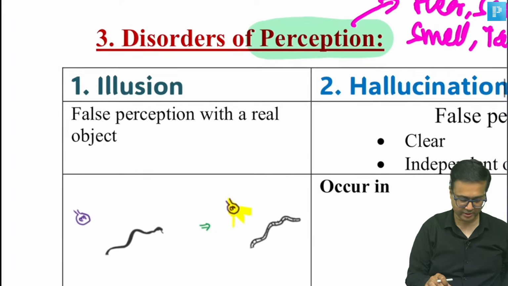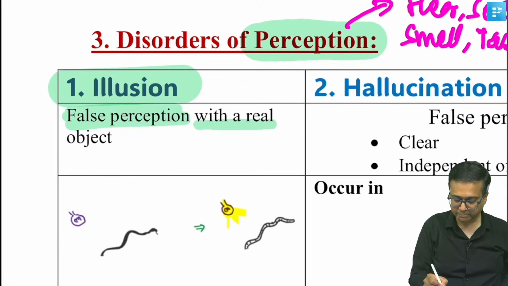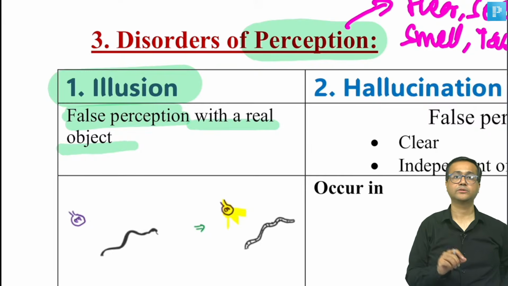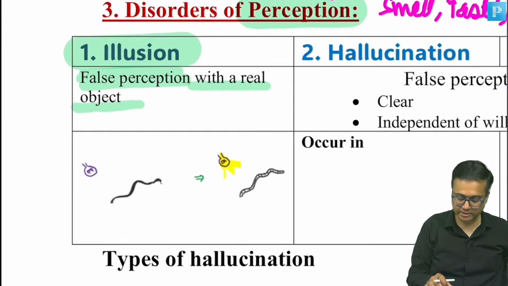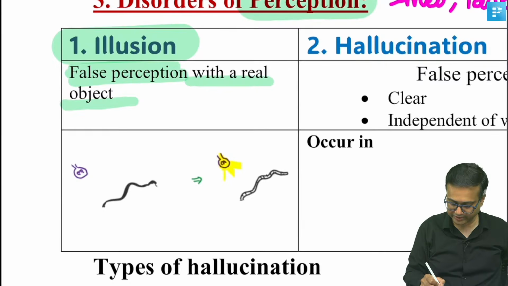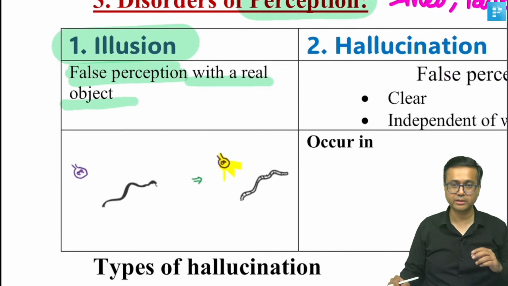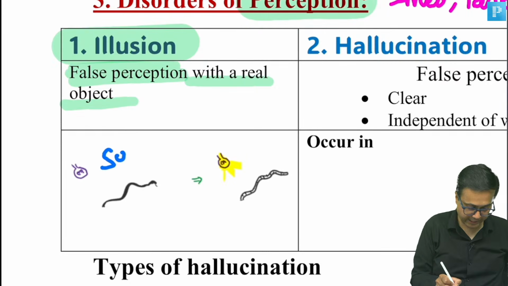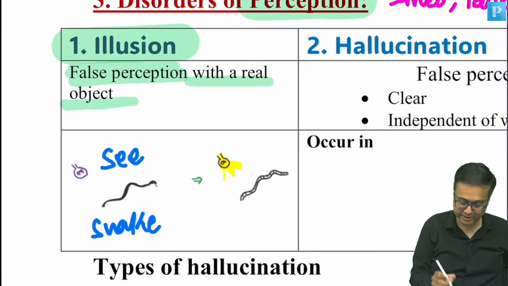First is illusion, beta. Let's discuss what is illusion. Illusion is an abnormality of perception, a false perception, but of a real object. There is a real object, but the person is perceiving it as something else. I'm sure most of us have experienced this. Suppose somebody is sleeping at night, and he wakes up and says, I can see a snake under my bed.